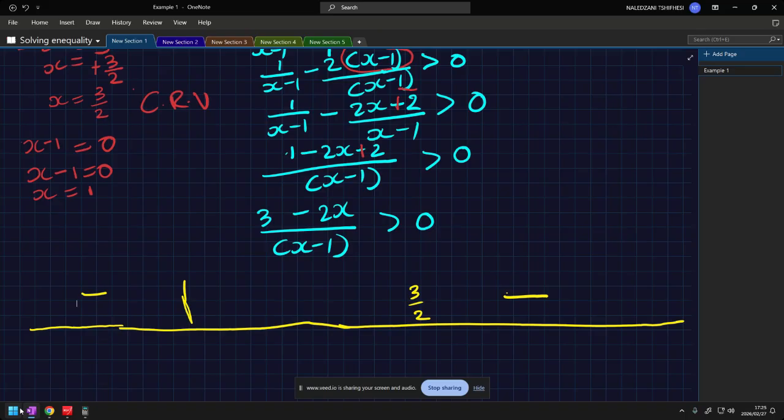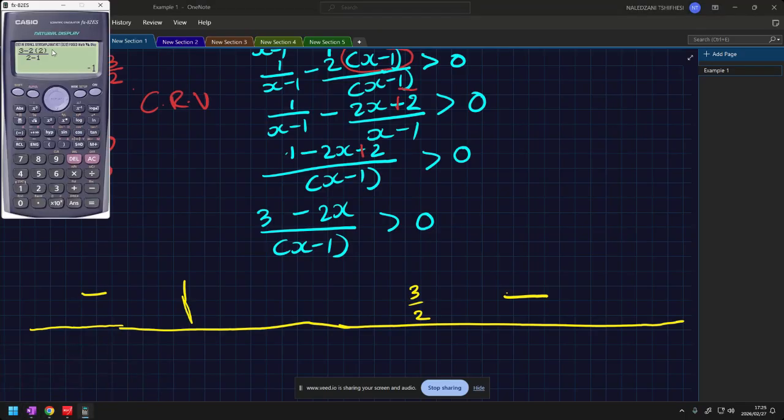Let's check in between there. Okay, think of a number. Let's place 1.3. 1.3 is in there.